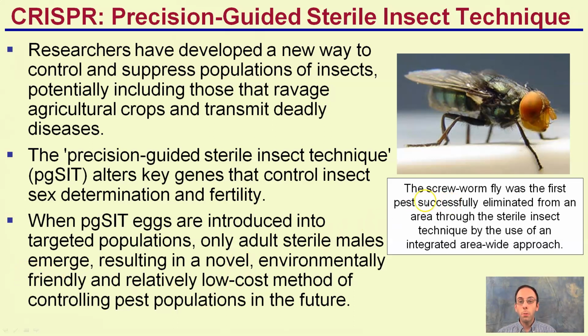And the screwworm fly was the first pest successfully eliminated from an area through sterile insect technique by the use of this integrated area-wide approach. So it's not looking at spraying some sort of chemical that may enter the environment. This is using CRISPR to specifically target this particular species of fly, create sterile males, and really reduce and hopefully potentially eliminate them from the population.